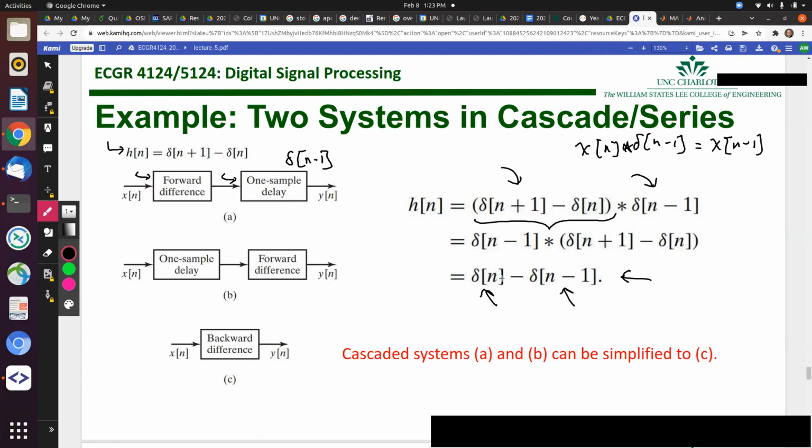And how can we show that? Let's give it an arbitrary input. If you take x of n and convolve it with this system, h of n, what is the difference equation we get? So I'm going to write y of n is equal to that. We get x of n minus x of n minus 1.